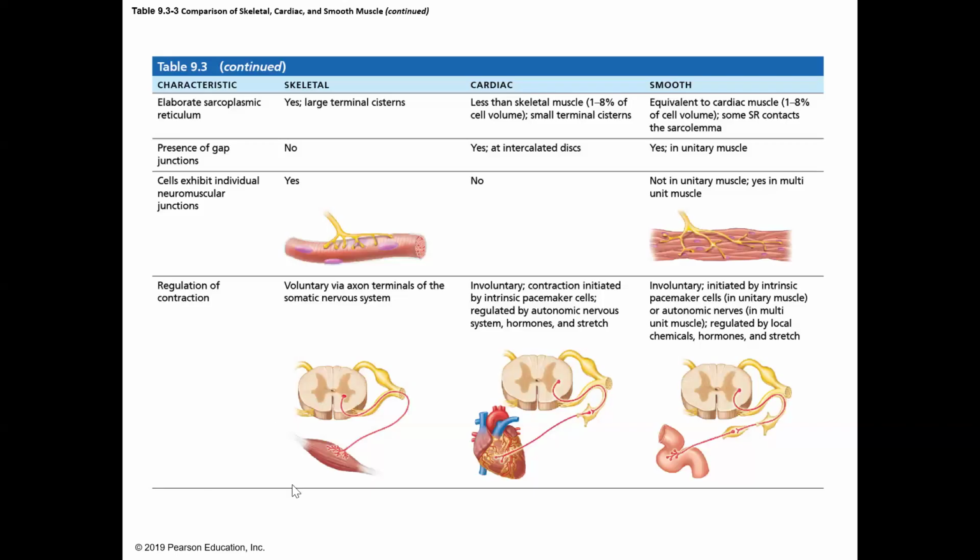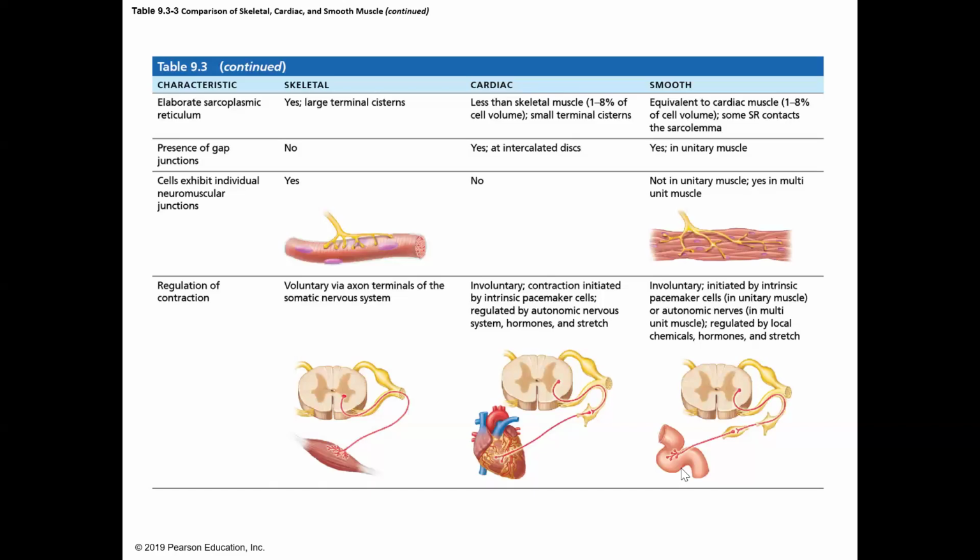Which one of these muscles, besides the nervous system, can be communicated with by hormones like adrenaline? Well, definitely the cardiac muscle, right? You can communicate through hormones. Different hormones as well can cause smooth muscles to contract. Which ones can contract when being stretched? Well, typically cardiac and smooth muscle.